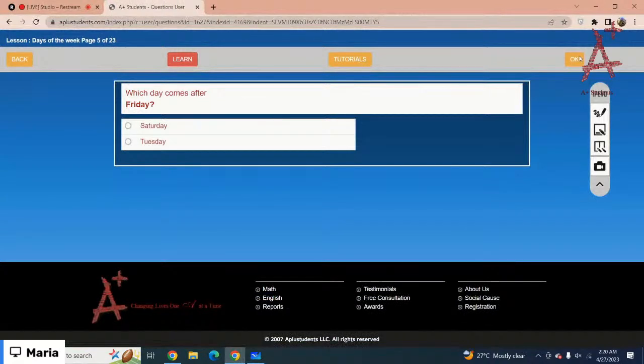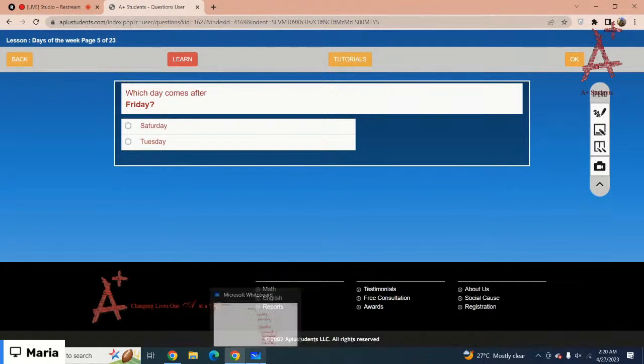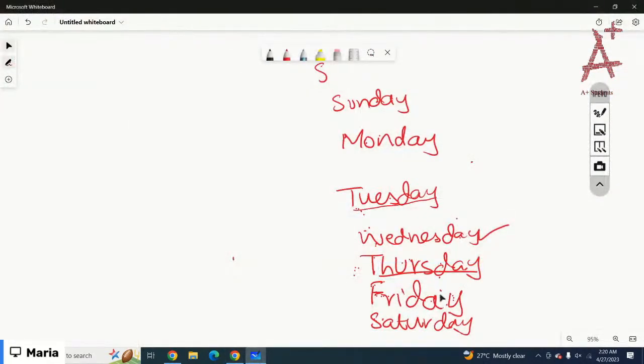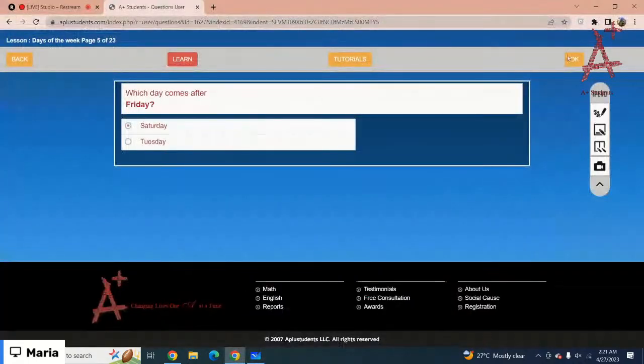Okay, which day comes after Friday? So which is the day that comes after Friday? You can see the list of the names. Here is the Friday. And after the Friday we have Saturday. So the correct option is option number one. That would be Saturday.